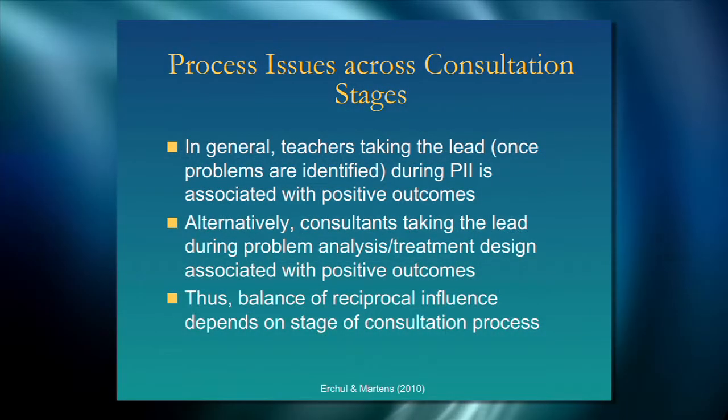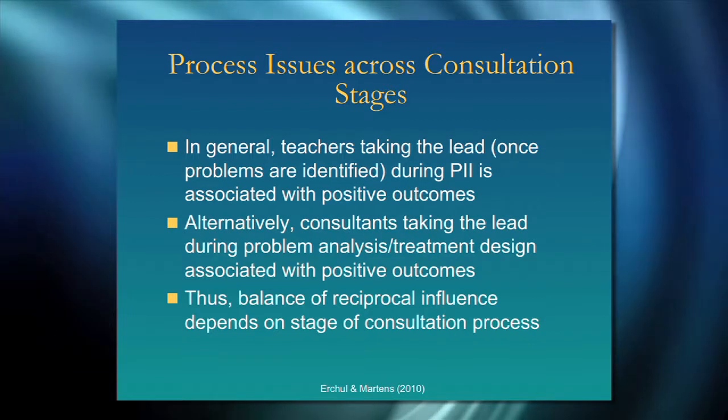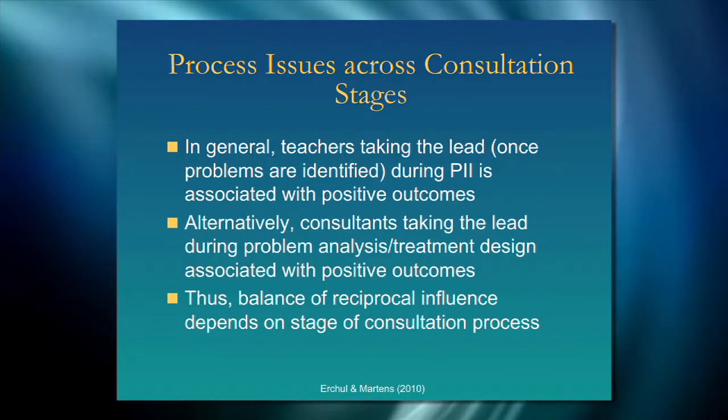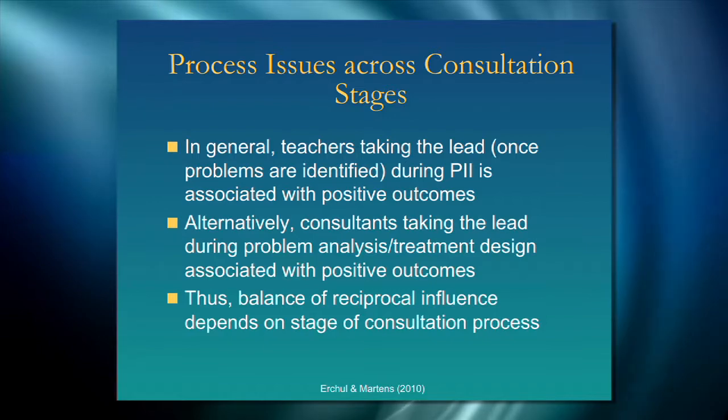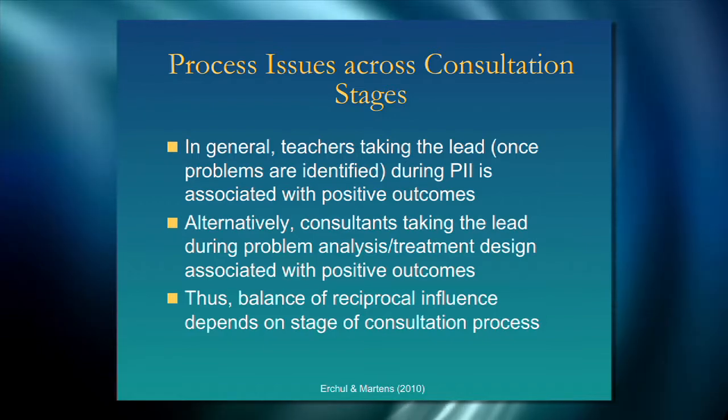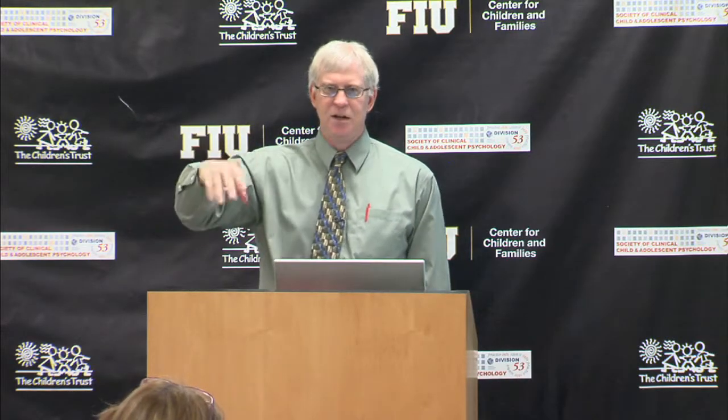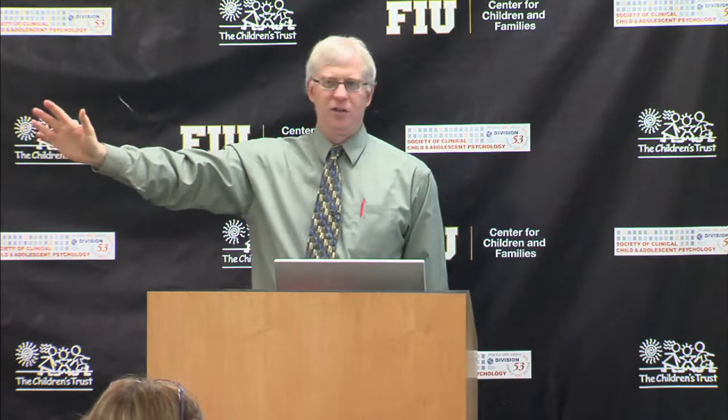And to the extent that we're bringing those effective interventions to the table, not surprisingly, positive outcomes occur. So it's really a balance of reciprocal influence, and it depends on the stage of the process that we're in in terms of who's taking the lead and who's following. Ultimately, it's got to be that kind of reciprocal collaboration. That is presumed to be better in terms of acceptability and outcomes than a one-way, top-down expert consultation model where we simply prescribe the strategy, tell them what to do, and good luck, see you later.